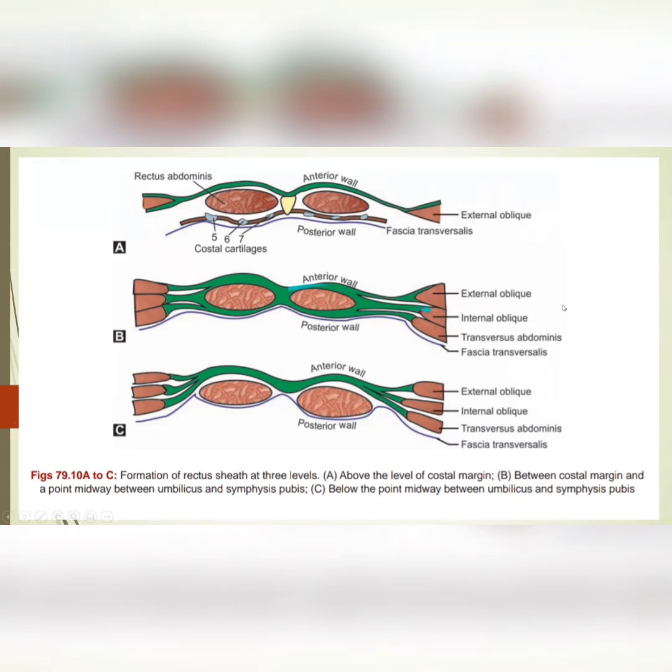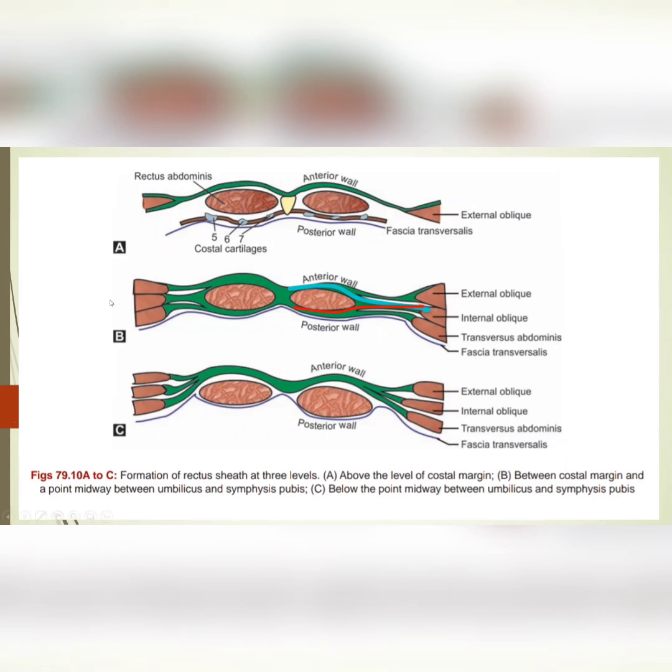What is represented in blue color is called the anterior lamella or the anterior layer of internal oblique aponeurosis. And what is labeled in red color is the posterior lamella or posterior layer of internal oblique aponeurosis.